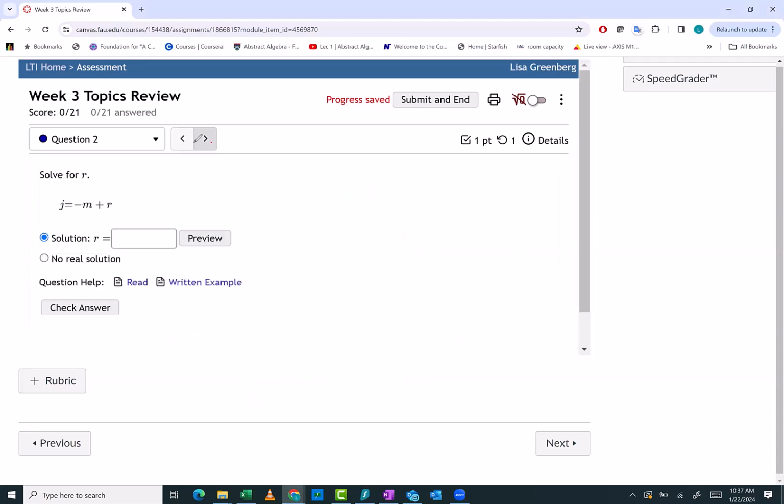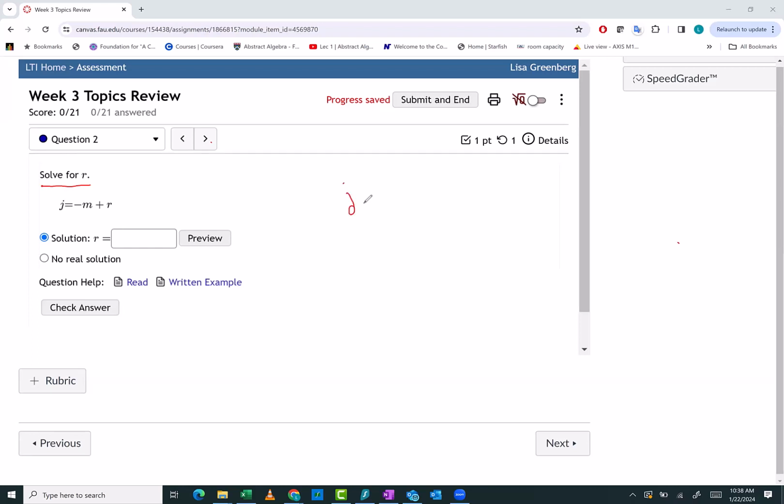Now we want to learn how to solve for a variable when there's lots of variables. And you can see here that there's no numbers. What we want to do is solve for whatever it says here. It's telling me solve for R, which means I have to isolate R or get R by itself.